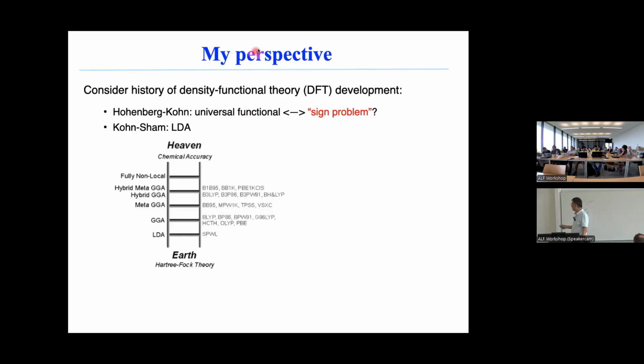And now, of course, there's the commonly thought of Jacob's ladder of DFT heaven, which leads to chemical accuracy. You start with the local density approximation, you apply gradients and so on and so forth, you leave Hartree-Fock theory, and then you go up.